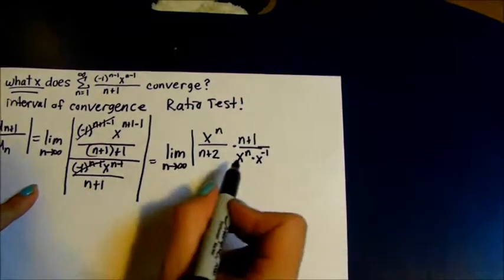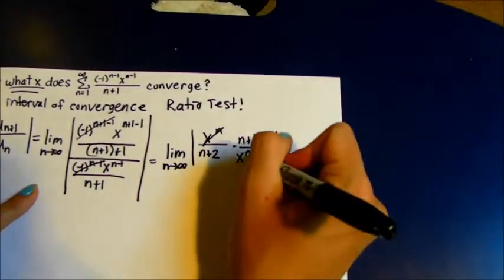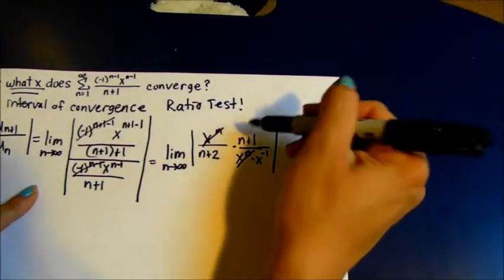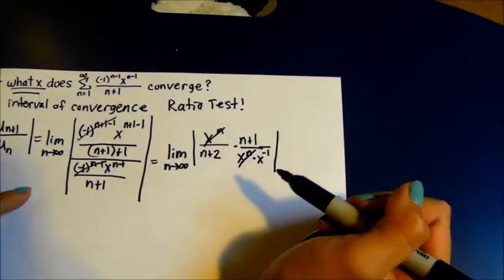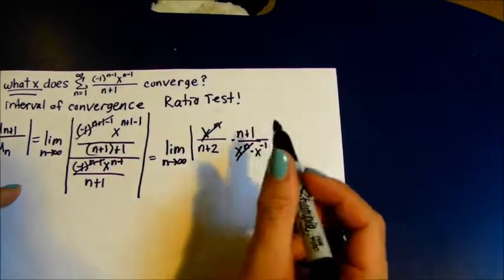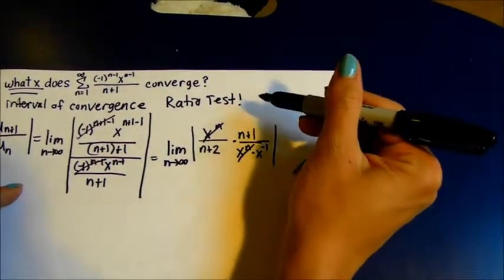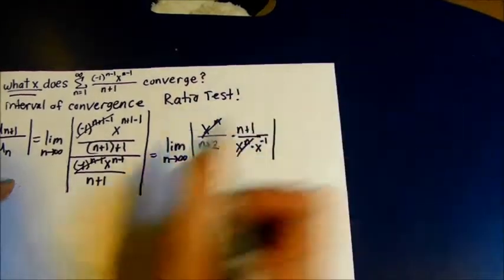I'm just splitting it up so then I can cross these out because it's being multiplied, so there's 1 on top, 1 on bottom, so I'm able to cross those out. And then this x is to the -1, so if we bring it back to the top, that will give us a positive 1 value.